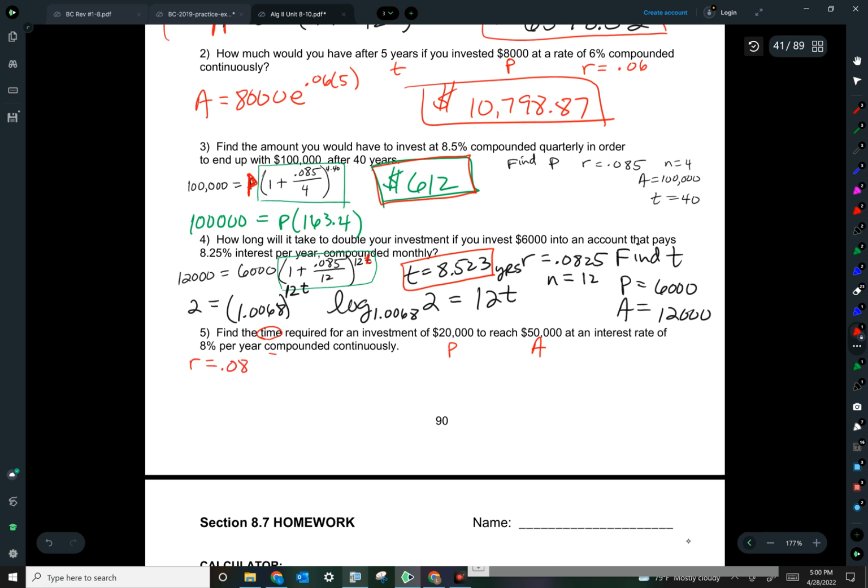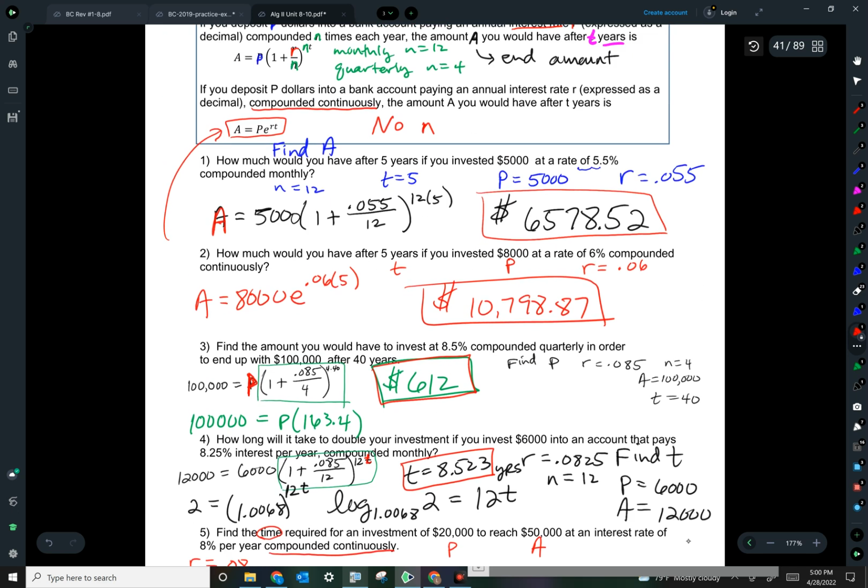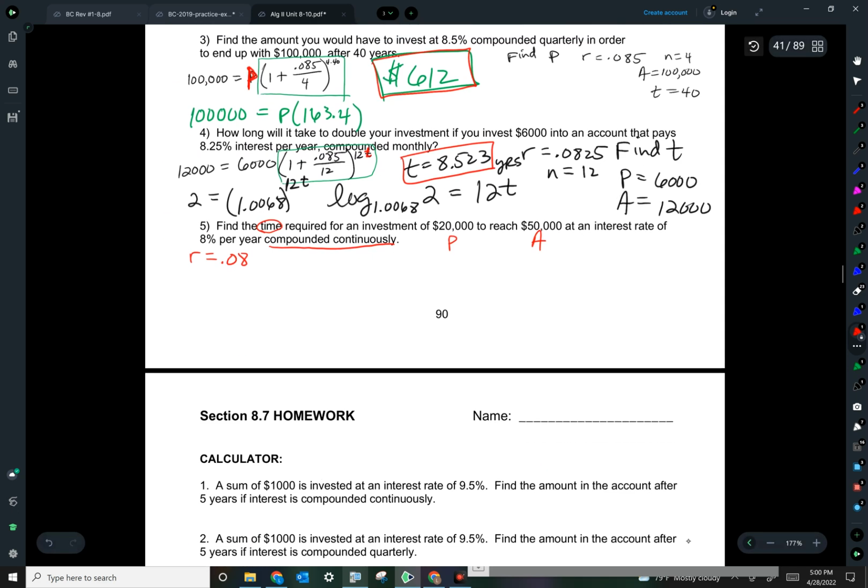And the fact that they say compounded continuously tells me I'm going to use that second equation. So A equals P E to the RT. So A, 50,000, equals P, 20,000, E to the R, 0.08 times T. I don't know T, so I'll put down my variable.